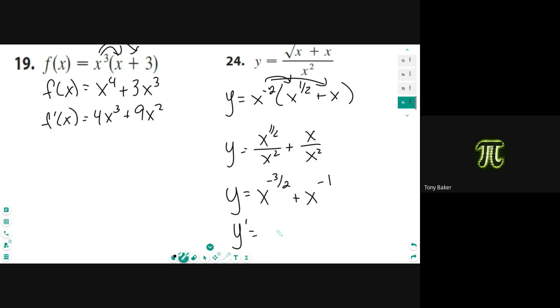So y prime is negative 3 over 2 x to the negative 5 over 2, minus 1, or just minus, I'll put the 1, so you go, x to the negative second. The key is you have to get them back to addition and subtraction.